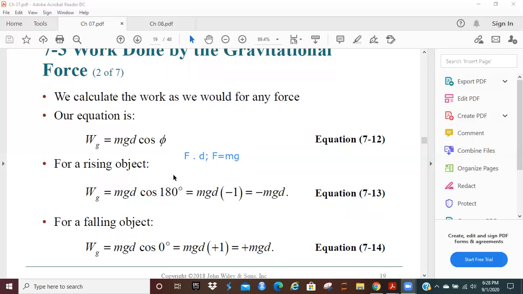For a rising object, the angle between the distance, which is actually going to be pointing down... Let's see if I can annotate this. Distance is actually going to be pointed down because the object is going to be moving up.